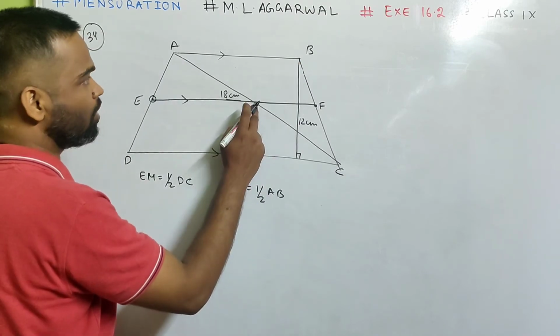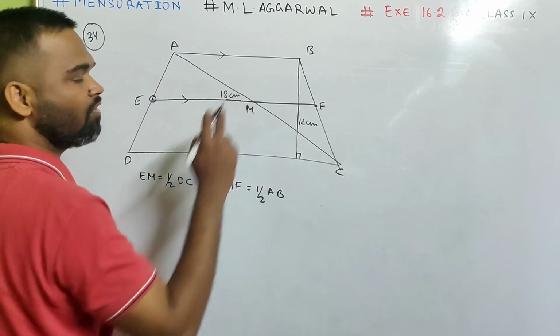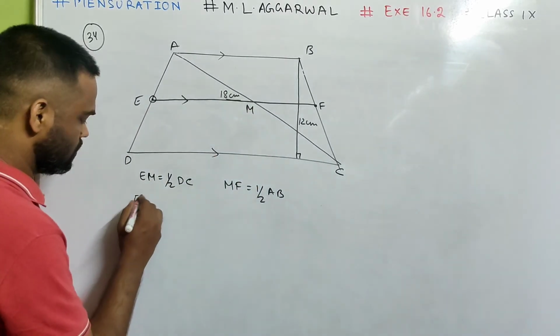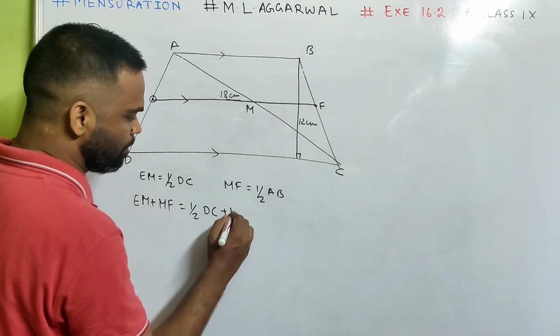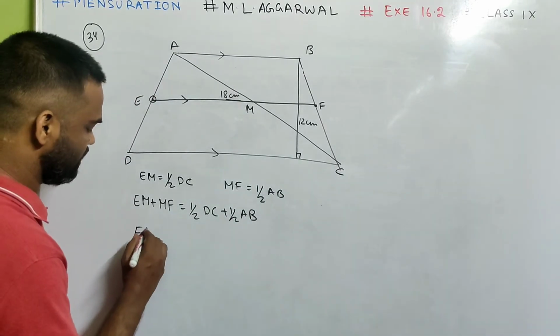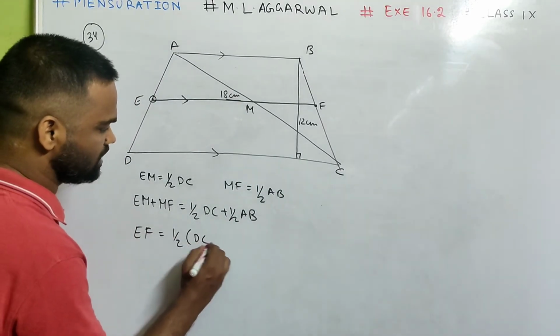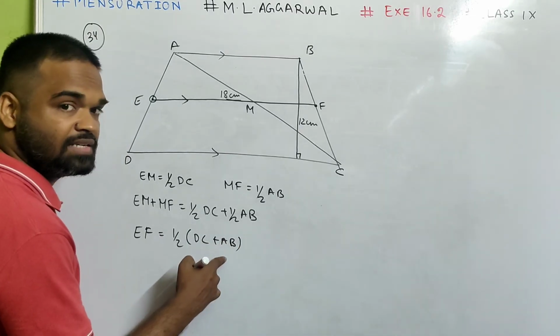So M will be the midpoint of AC and FM will be half of AB. Add these two. So EM plus MF is half of DC plus half of AB, which means EF is equal to half, taken common, DC plus AB, which is half the sum of parallel sides.